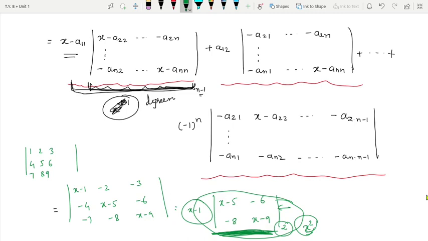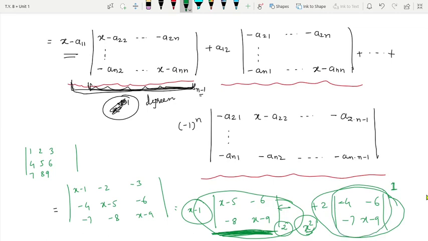Okay? And if you see the next term, it will be plus 2 times the determinant of minus 4, minus 6, minus 7 and x minus 9. So over here, this term is going to give you a polynomial of degree 1, right? Basically the determinant is going to give you a polynomial of degree 1, but this 2 is also not containing x, right? It is just simply a number. So this entire term is going to give you a polynomial of degree 1.